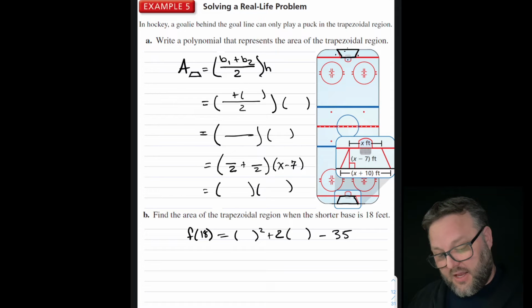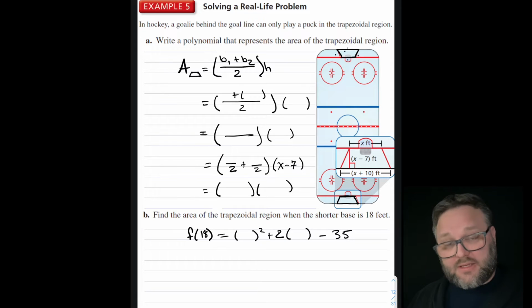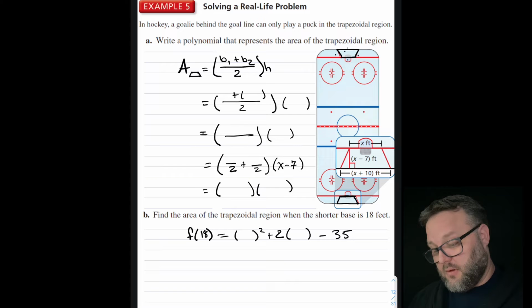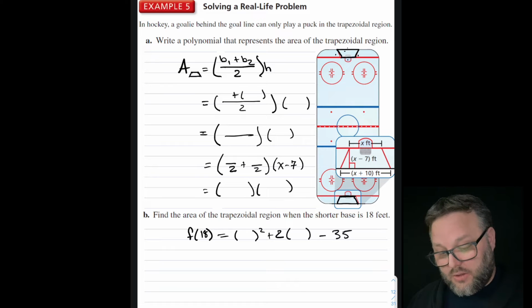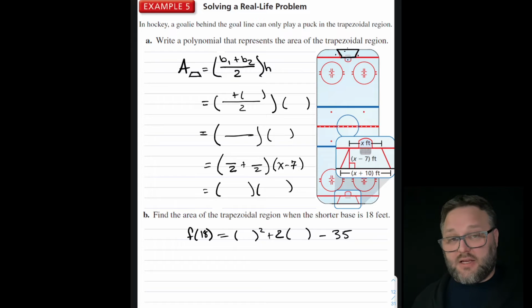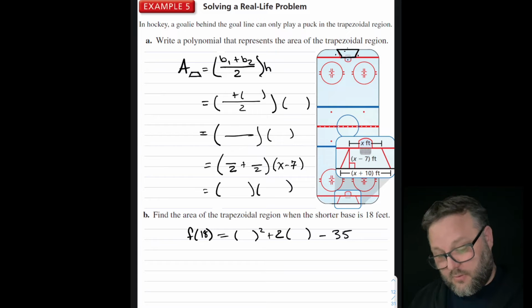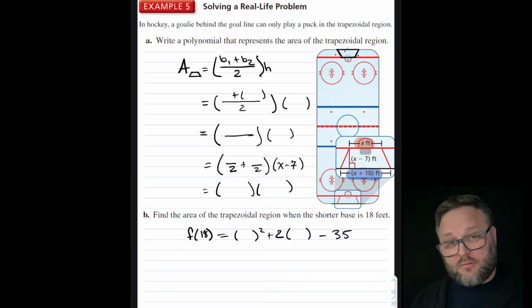Well, they are saying that where the goalie stands is X feet long. We don't know that much, but what we do know is from side to side, that same measurement is extended by 10 more feet on its parallel line. And we are told that right here. The goalie sitting right here is X feet wide.